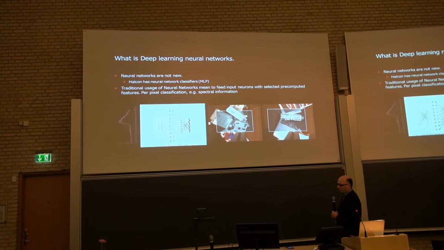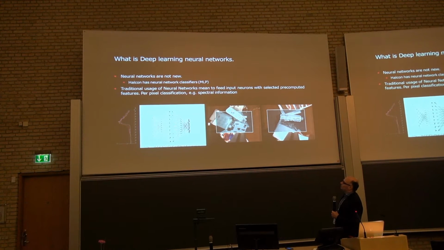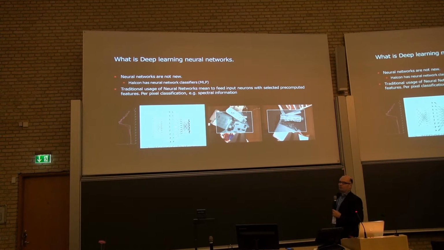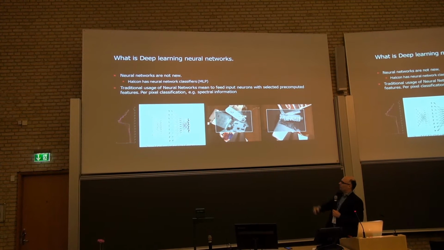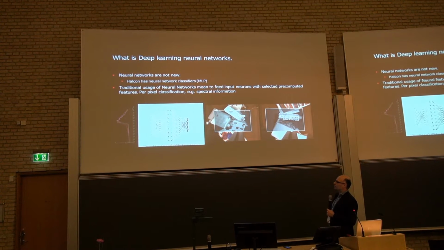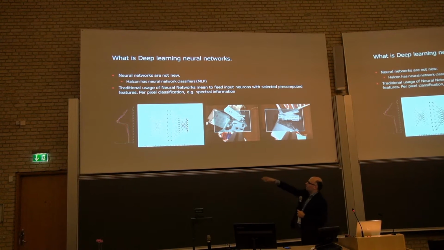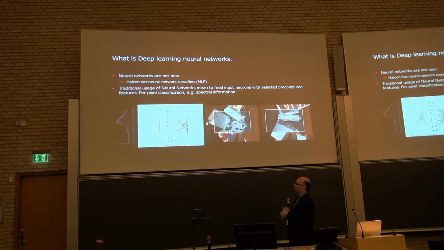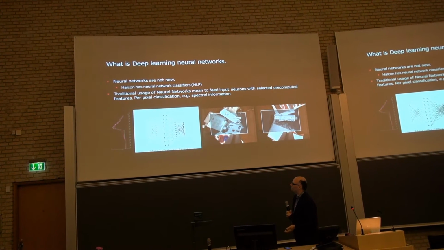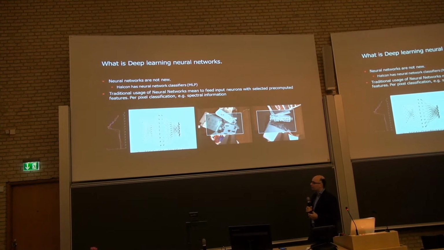What is deep learning? It's not really new with neural networks. You usually have these multi-perception layers where you can then plug into the algorithm a list of numbers based on how many input neurons you have.